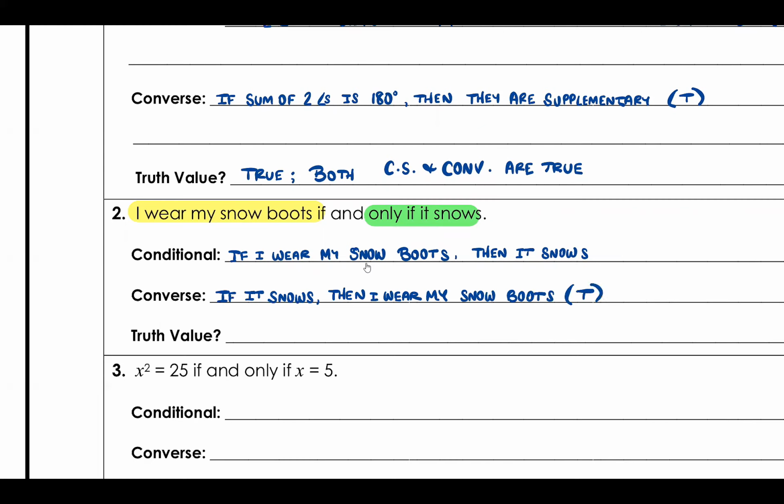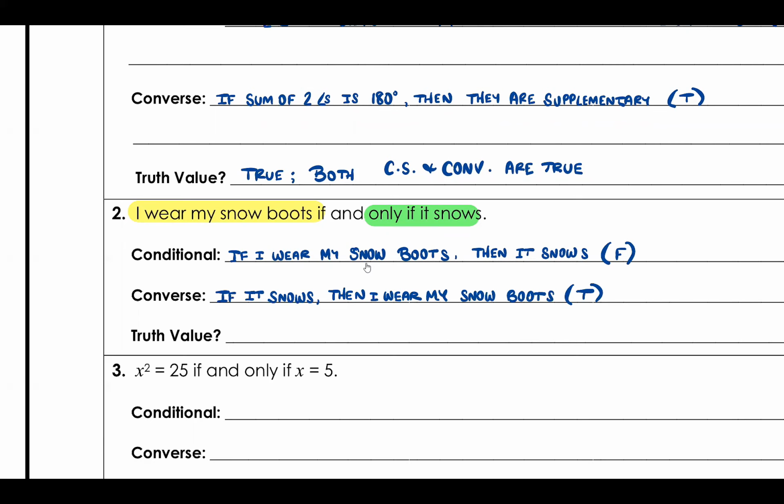Is the one above it true? That one's kind of whack. What do you mean? If I wear my snow boots, then it snows. You could wear your snow boots and it could not snow. We canceled school last year and it didn't even snow.